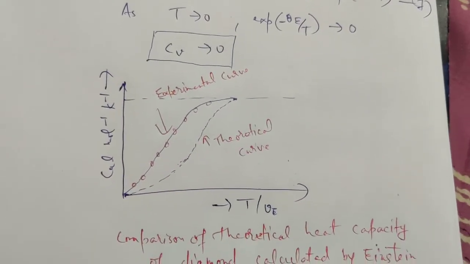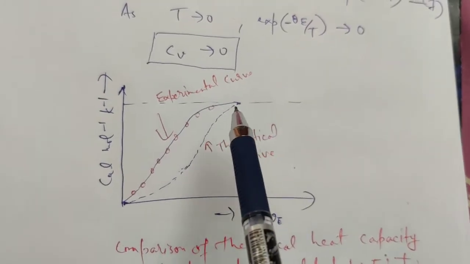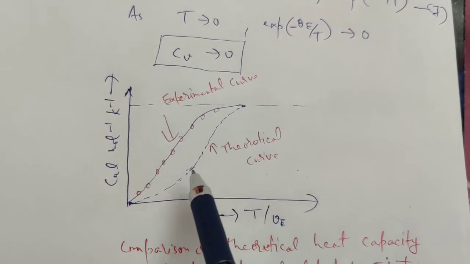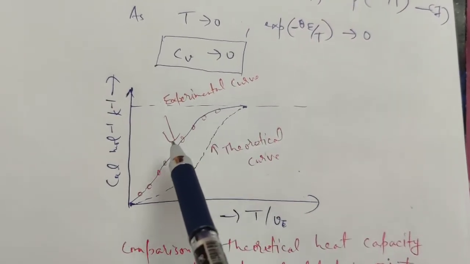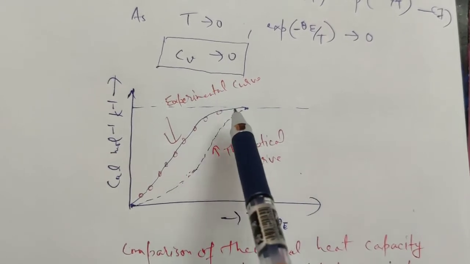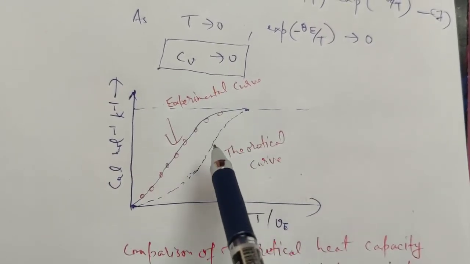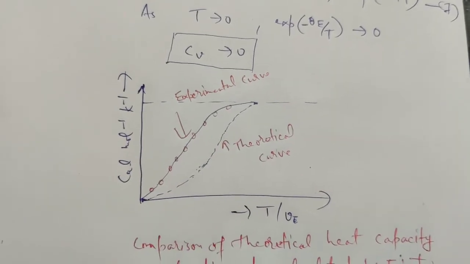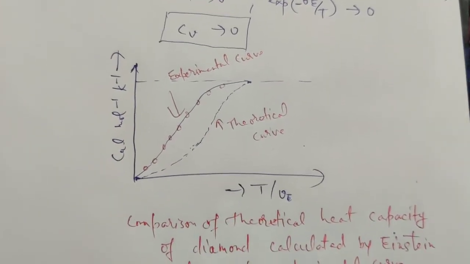So we can say that according to Einstein's relation, Cv falls rapidly at low temperature. Why? Because here it reduces rapidly, and in the experiment it is steadily reducing.